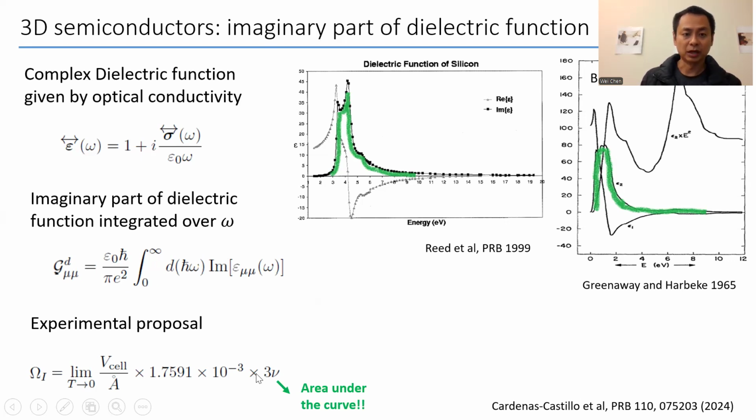Moreover, if you multiply this integration by the correct unit, which is given by the volume of the unit cell of the semiconductor, then divide by angstrom, and there is a conversion factor of 1.75 times 10 to the minus 3, just coming from the conversion of fundamental constants.